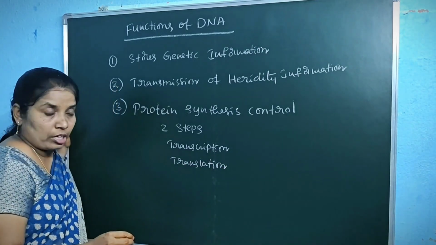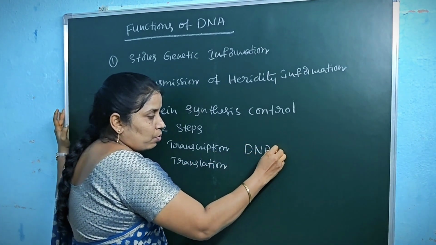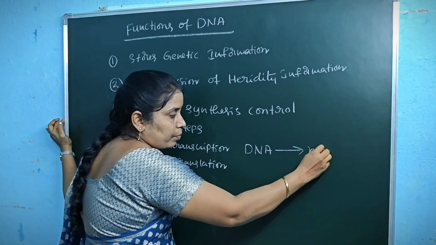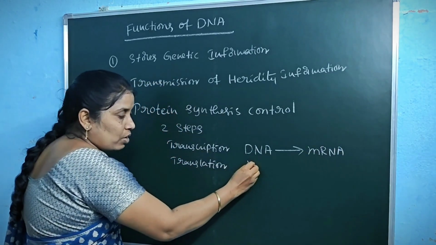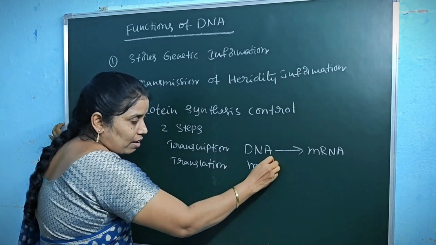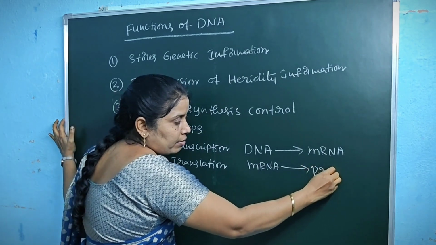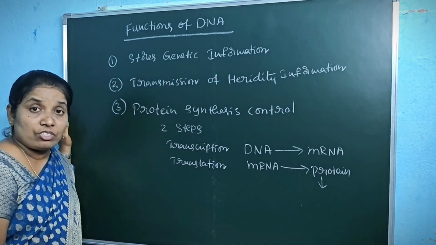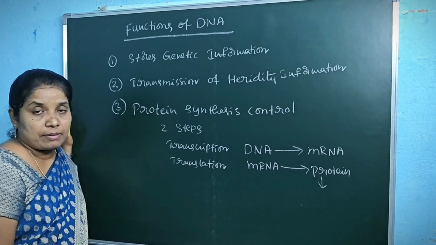During transcription, the information present on DNA is transcribed to mRNA. In translation, the information present on mRNA in the form of codons is translated into a protein. Proteins are necessary biomolecules for the structure and functioning of a particular organism.